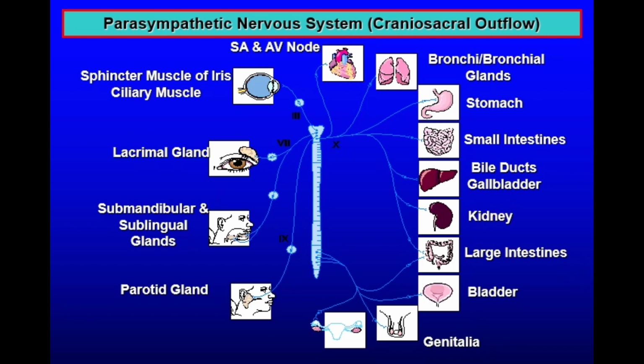Transmission mediated by muscarinic receptors is much slower in its time course. In some cases, acetylcholine functions as a modulator rather than as a direct transmitter.